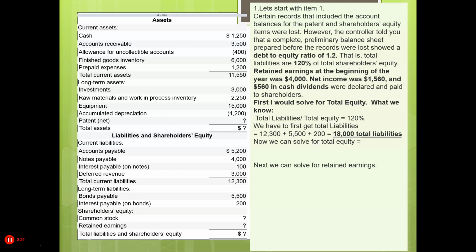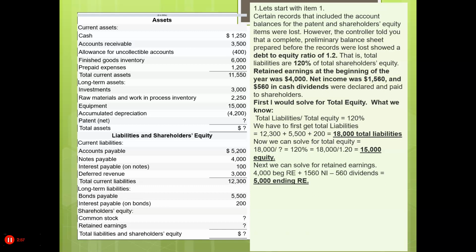We add up total current liabilities plus our bonds and interest payable, and that equals $18,000. Now we can solve for total equity. We take the $18,000, divided by some number, equals 120%. We then move the 1.2 to the other side of the formula, and that gives us $15,000 for our equity.